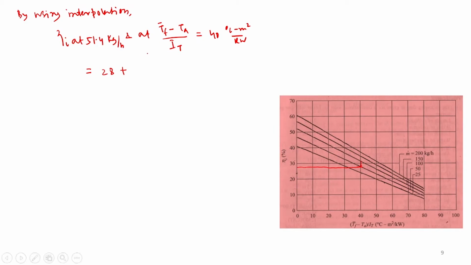We will see the difference here. So, interpolation we can use: something like 30 minus 28 divided by 100 minus 50, and here 51.354 minus 50. If we draw this line, this is 100. So, this is somewhat higher.